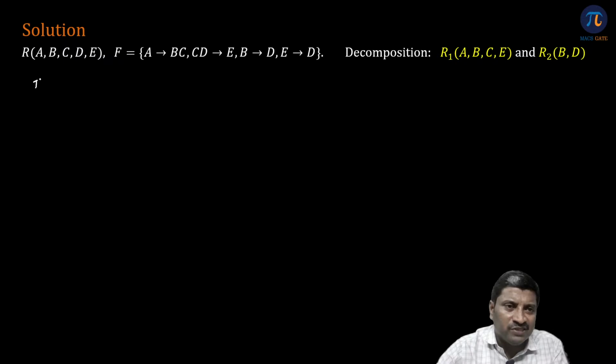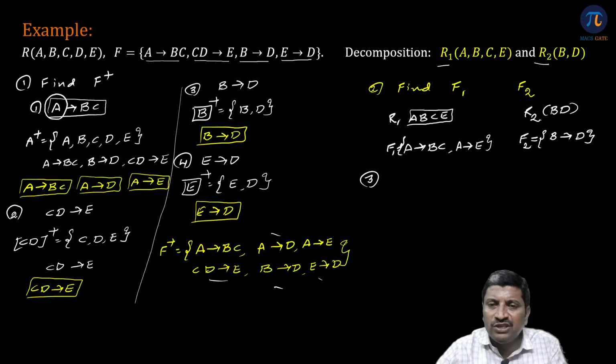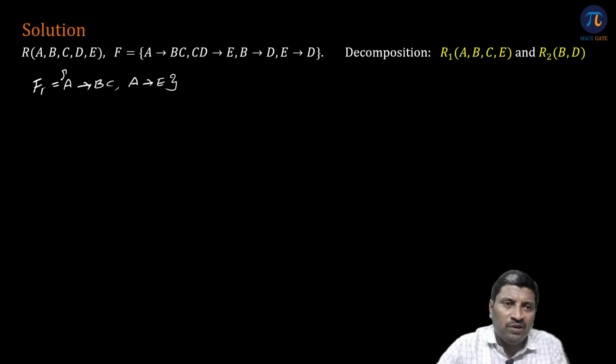Let us continue in the next slide. What is F1, sir? F1 is A goes to BC, A goes to E. We have two FDs in F1. What is F2, sir? We have only one, that is B goes to D. Right?